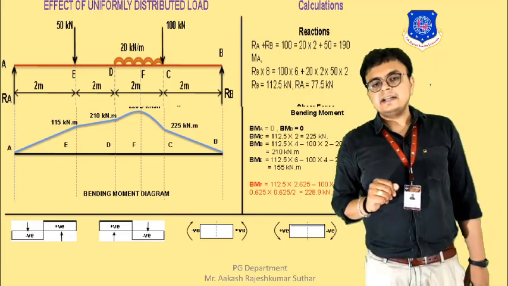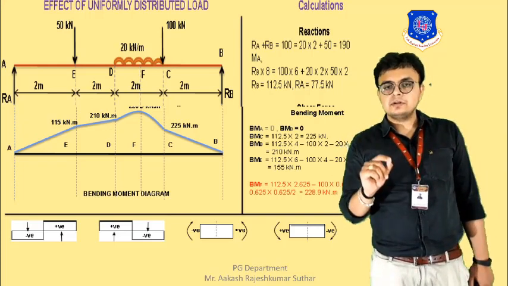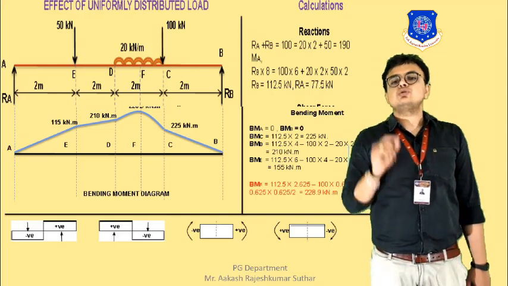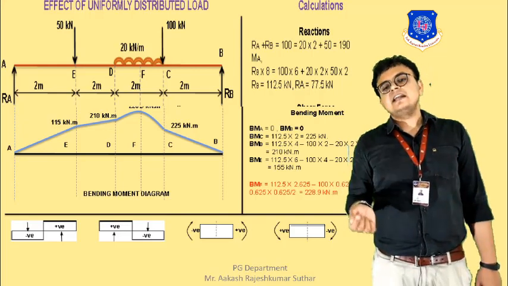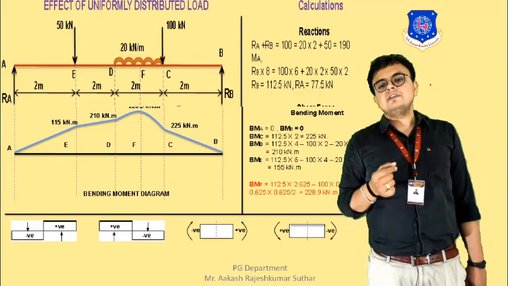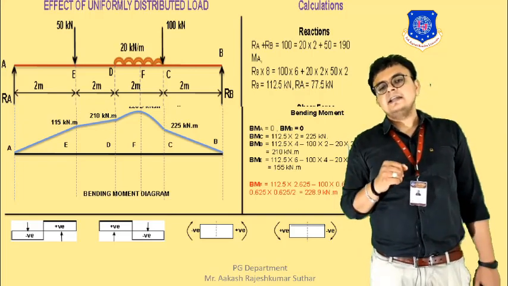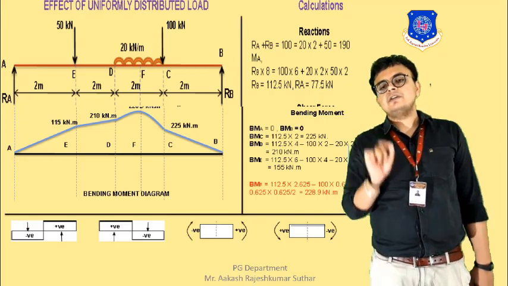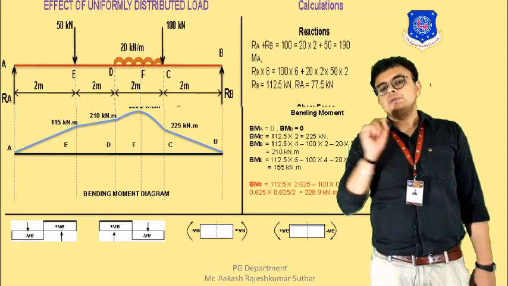So bending moment at C will be equal to 112.5 into 2. From the left hand side we are getting the anti-clockwise moment, so it will be in the positive sign. So 112.5 into 2 will be 225 kilonewton meter.